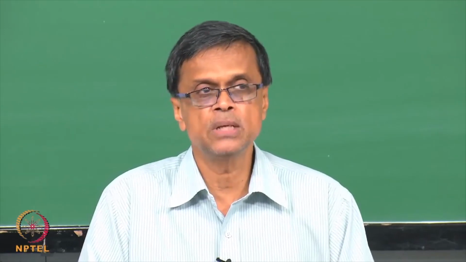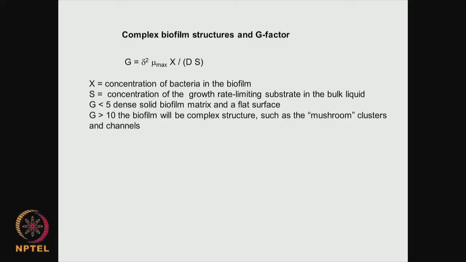structures, that is possible. That depends upon the rate of nutrient diffusion, the rate of oxygen diffusion, and also on the rate of consumption of the nutrients by the bacteria and the rate of growth of the bacteria. So, there is a factor called G factor, which is defined like this: G factor is equal to delta square mu max x divided by dS.